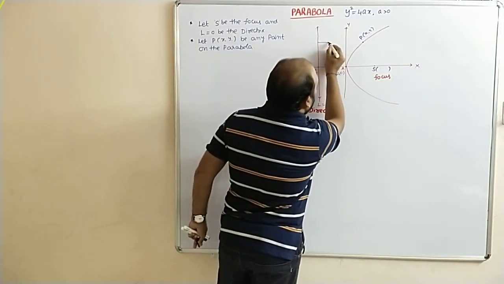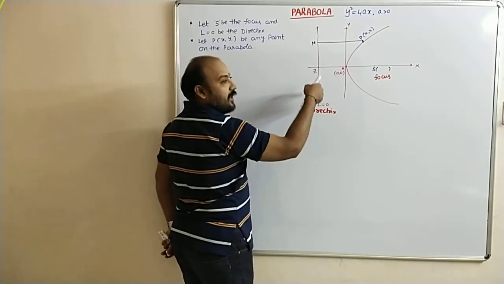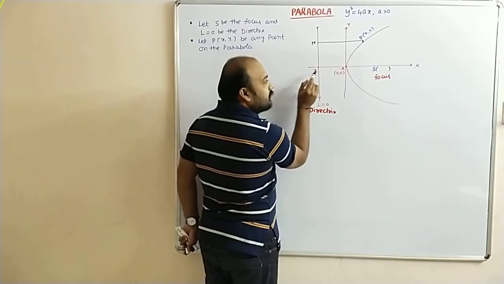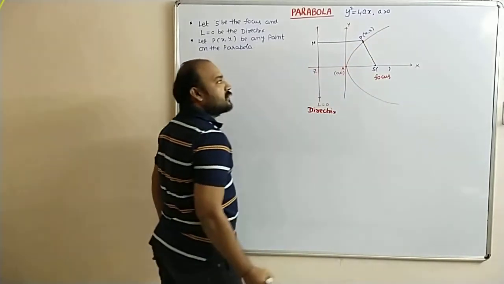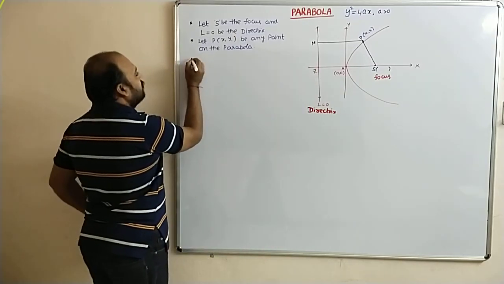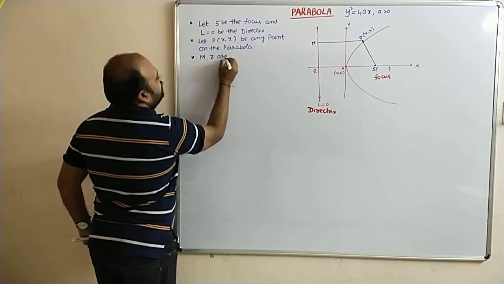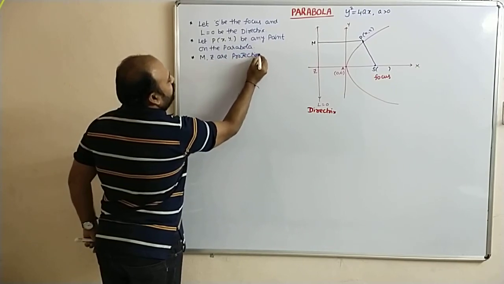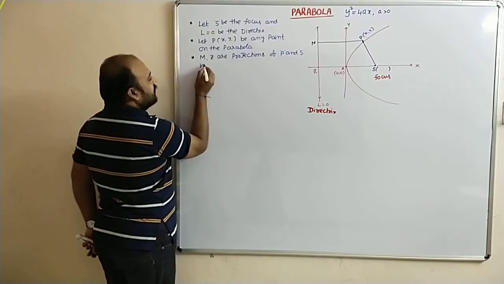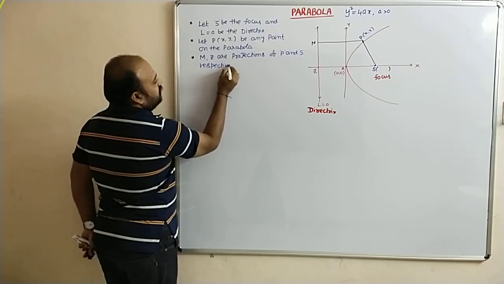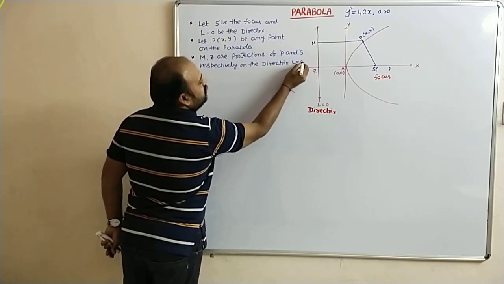Draw the projection from point P to the directrix, which meets the directrix at the point M, and Z is the projection of S. Join S and P. Here M and Z are the projections of P and S respectively on the directrix L equal to 0.